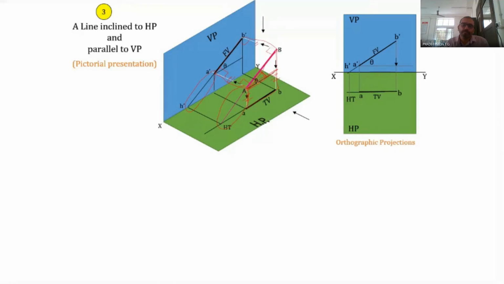That is equal to capital AB sin theta, sorry, cos theta, since the adjacent side is cos theta. So AB cos theta is this distance. The length of the top view can be easily found even without drawing it. It is equal to AB cos theta, where theta is the inclination with the HP. So that is the condition.